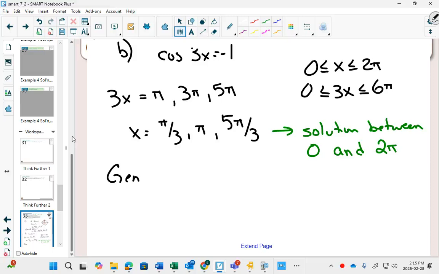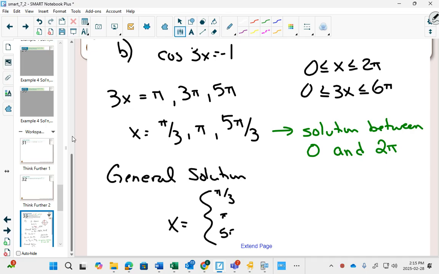And then when I divide by 3, I get back to between 0 and 2 pi. So my general solution, x will equal all 3 of these. Pi over 3, pi, and 5 pi over 3, where plus 2k pi to each of them.